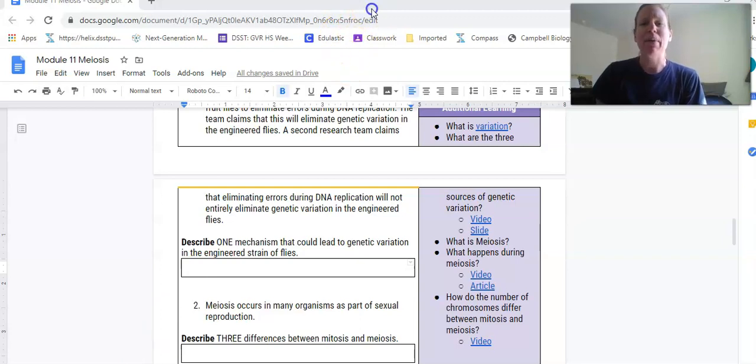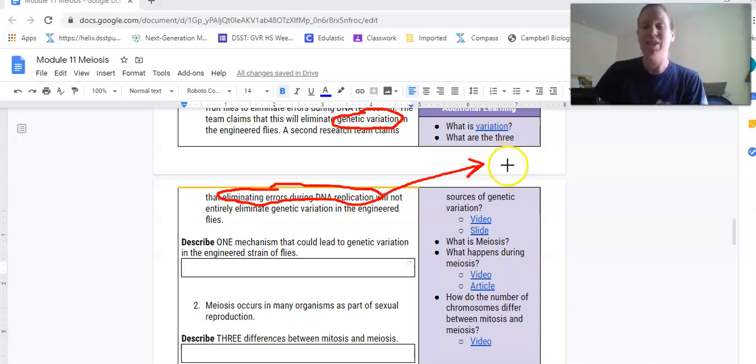So, thinking about what the prompt is saying, it's talking about genetic variation, but not genetic variation during DNA replication. So what genetic variation will we be talking about? Well, if you're thinking about DNA replication like we learned in Module 10, you're immediately thinking about what class?